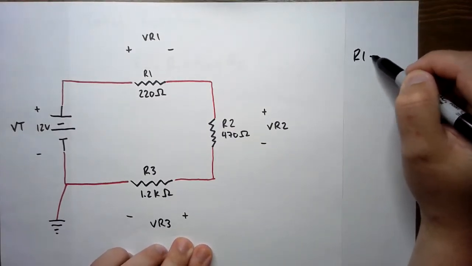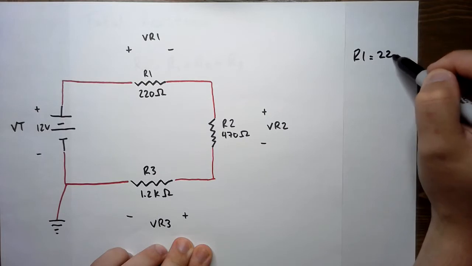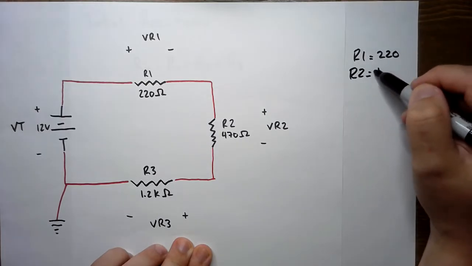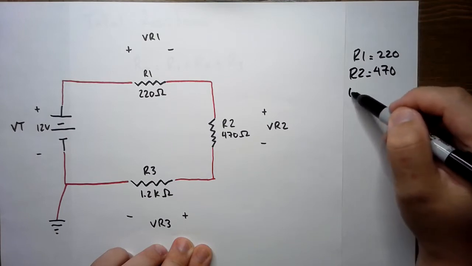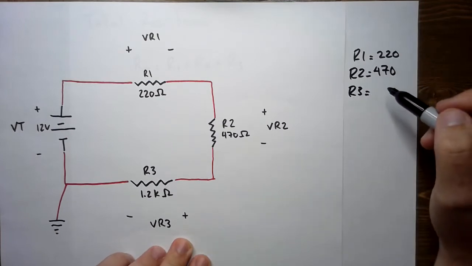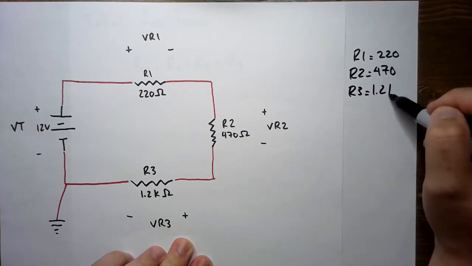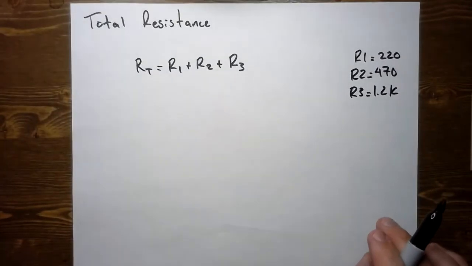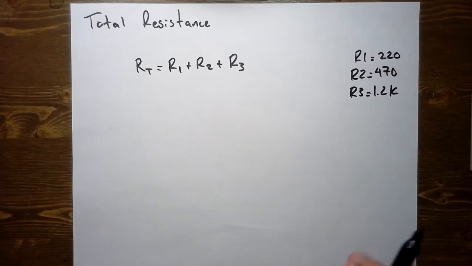R1 is equal to 220. R2 is equal to 470. And R3 is equal to 1.2 K. All right. So all we've got to do now is add those up.